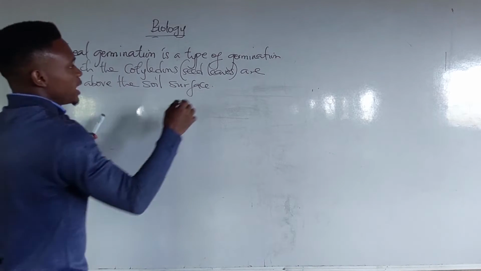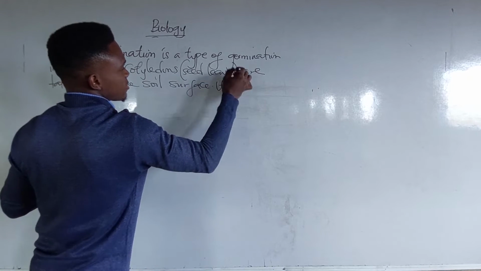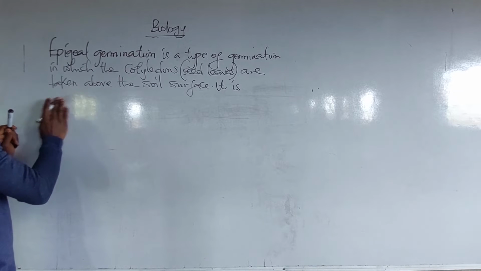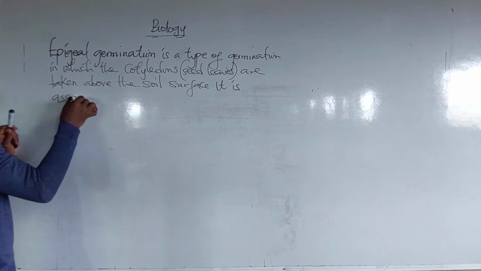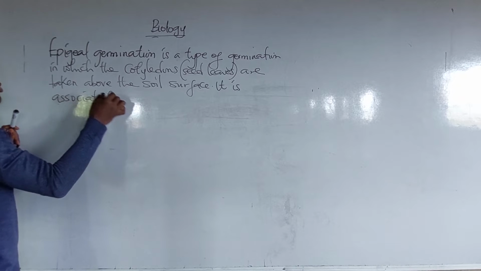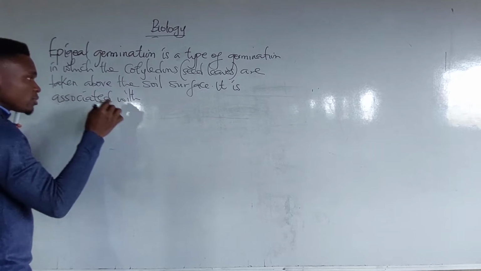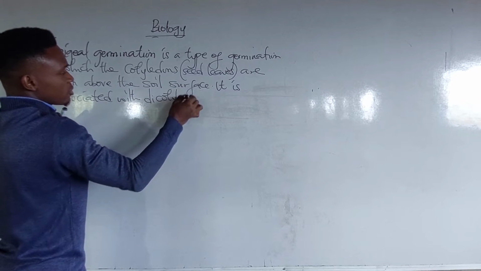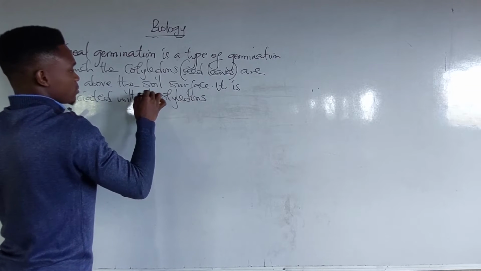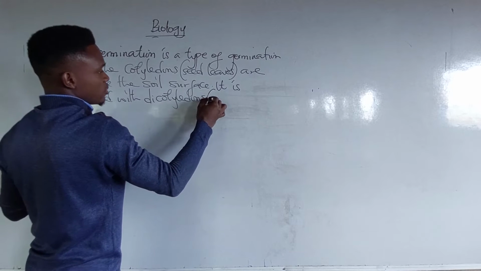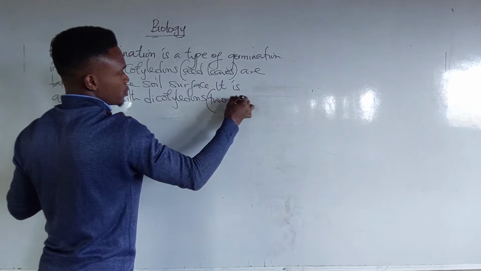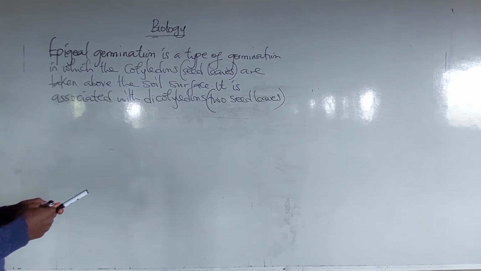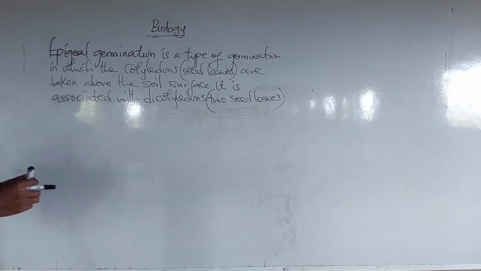Hypogeal germination is associated with dicotyledons, that is, two seed leaves.